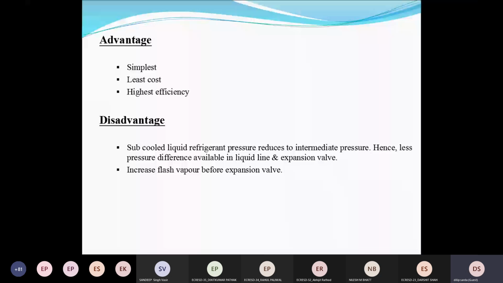Because the intermediate temperature of the liquid refrigerant is quite low, say 0 degree centigrade or minus 4 degree centigrade, and the atmospheric temperature is 30 or 40 degree, it may generate flash vapor due to poor insulation or poor installation. And that flash vapor entering the expansion valve creates a problem. So these are the two main disadvantages of this system.